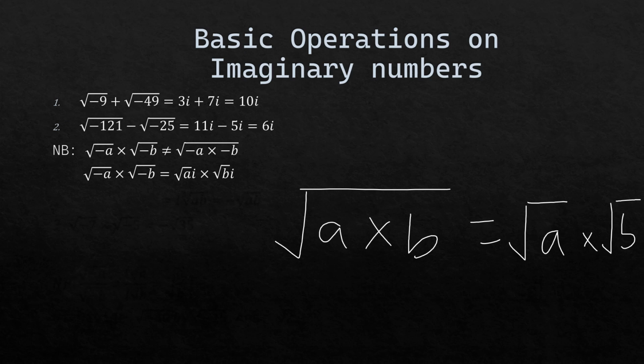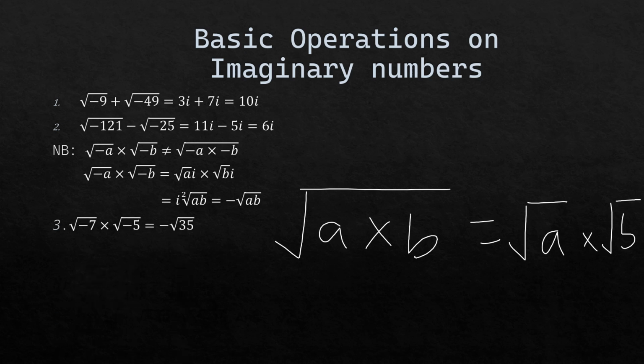So rather you bring out i and you get root of a i multiplying root of b i. And now we know that i times i is i squared. And here now we have the normal thing, so ab. So root of ab. So i squared root ab. And you know i squared is equal to negative 1. So the answer will be negative root ab.